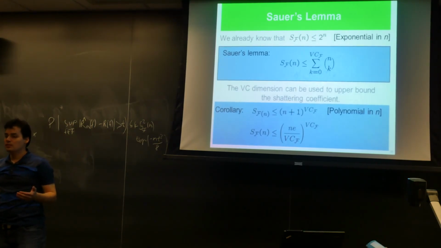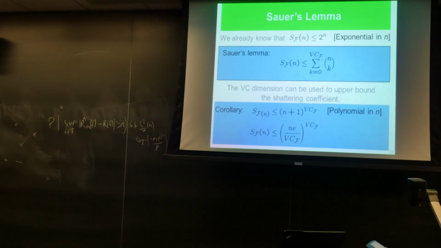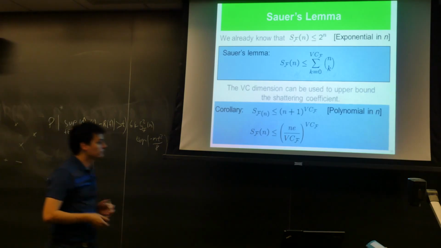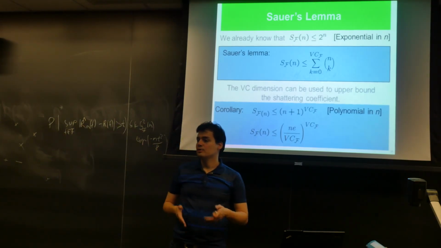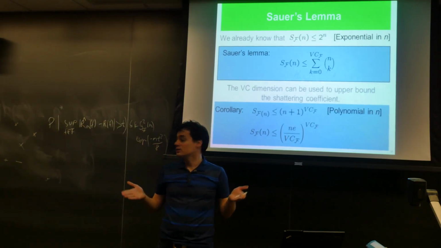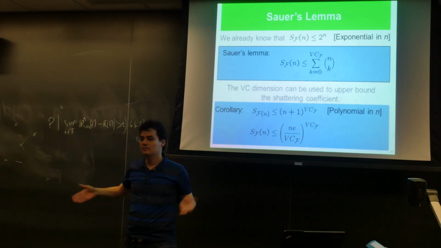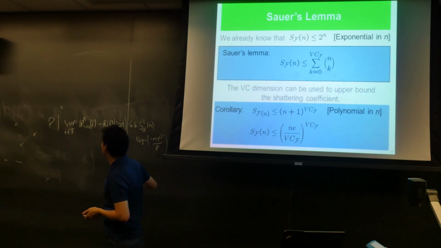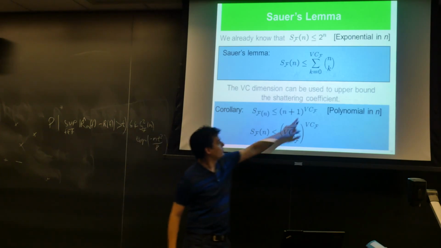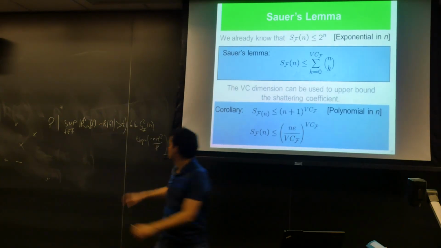Quite often you can calculate the VC dimension for certain function classes, or at least bound them. For example, for d-dimensional linear classifiers, we already know that the VC dimension is d plus 1. So I could just put d plus 1 here and plug these in.